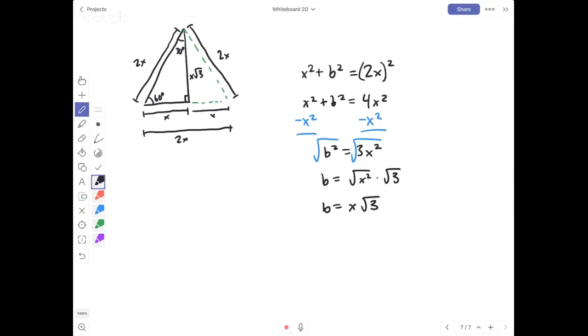And from there, of course, we can find all of the trigonometric ratios of both 30 and 60.